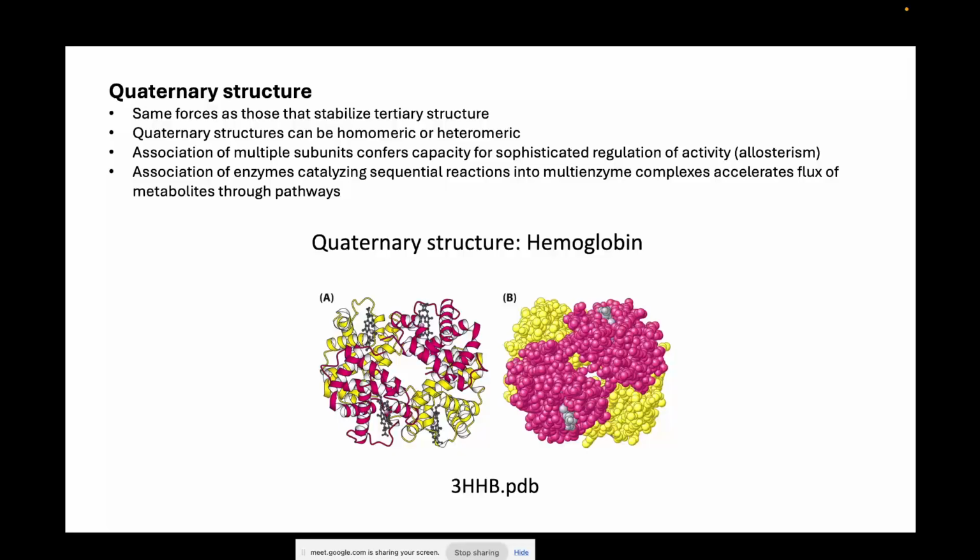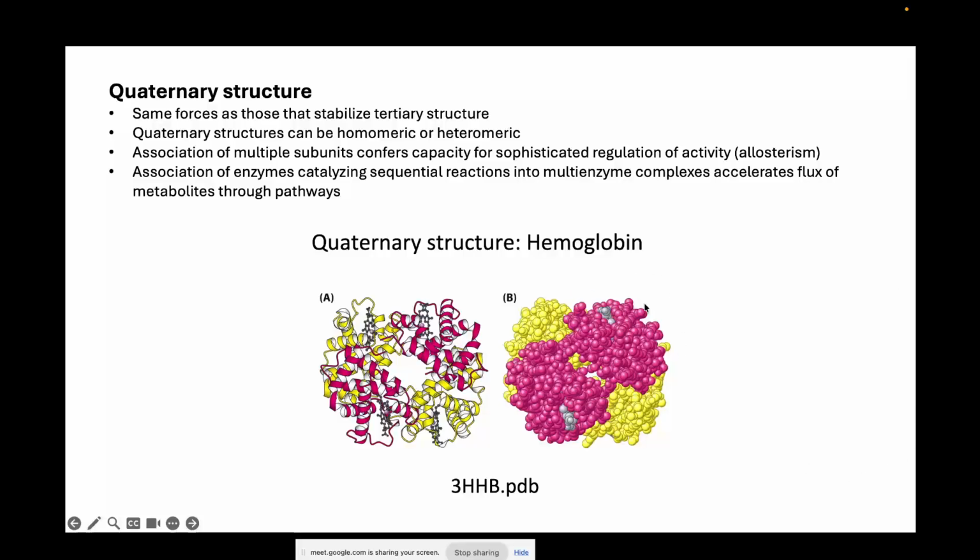If that molecule did not bind to the other site, the active site won't be opened. So this is a very sophisticated way of regulating enzyme catalysis inside the cell. This is possible because of the quaternary structures of proteins. And association of enzymes catalyzing sequential reactions into multi-enzyme complexes accelerates flux of metabolites through pathways as well.